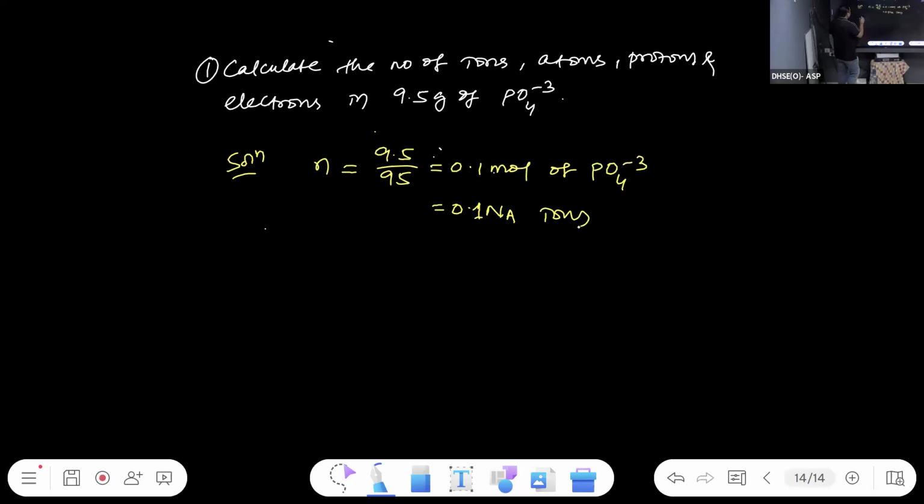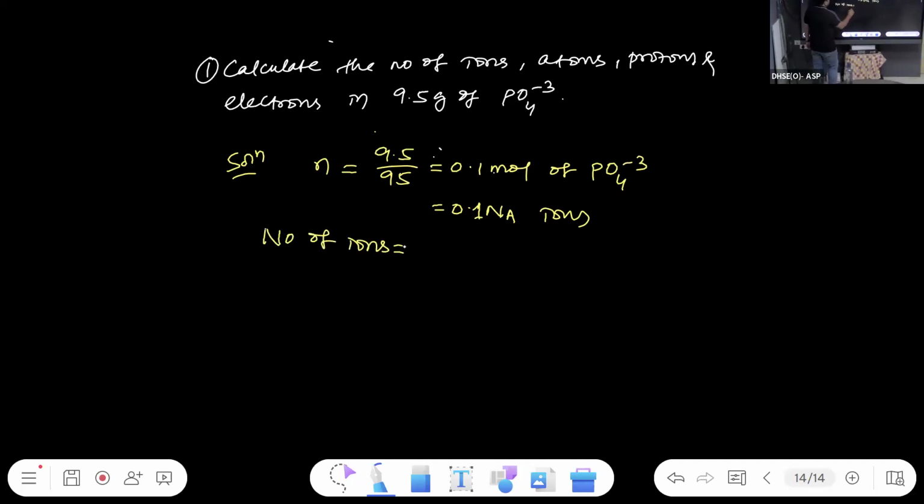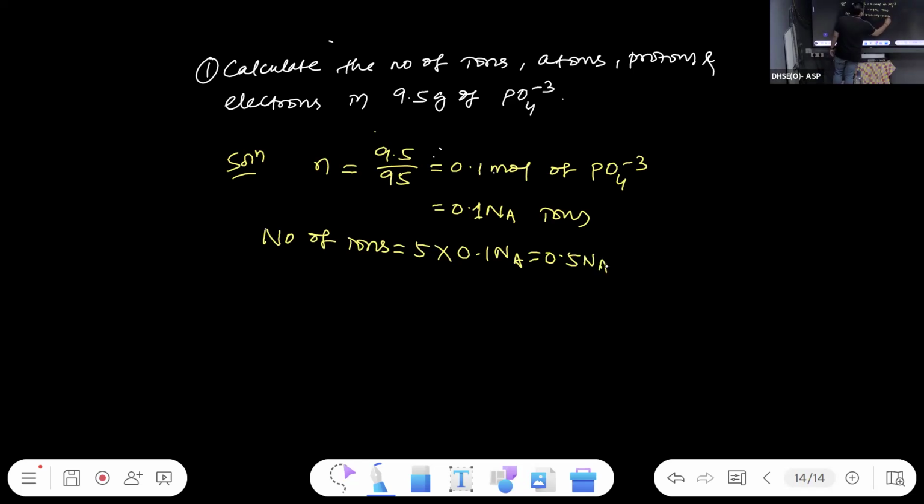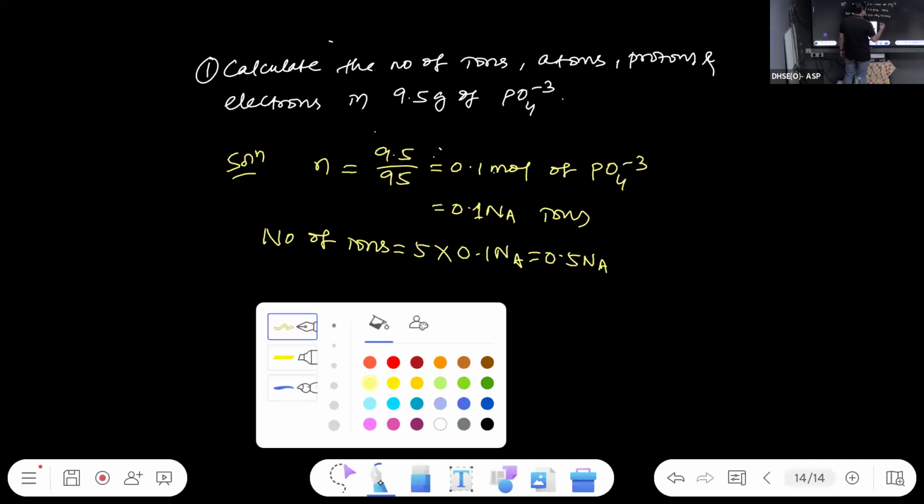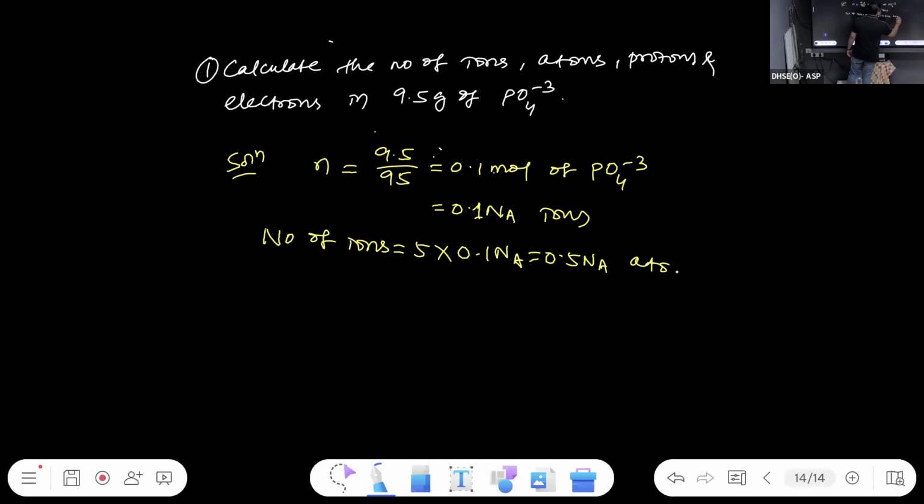So the number of atoms is 5 into 0.1 Na, that is 0.5 Na atoms. Okay, the first part is 0.1 Na ions.